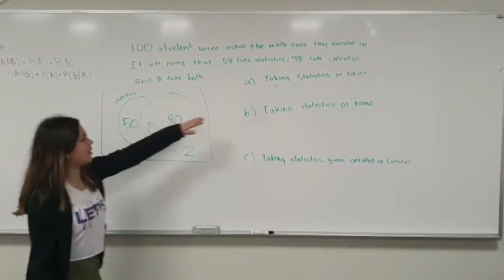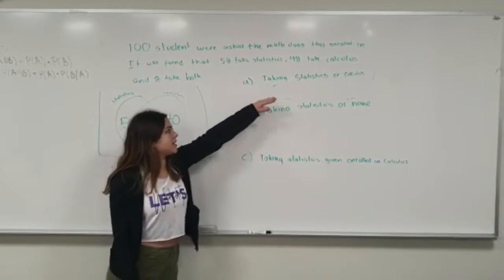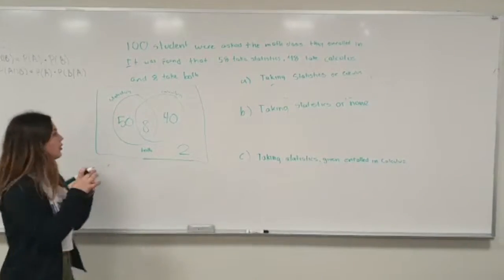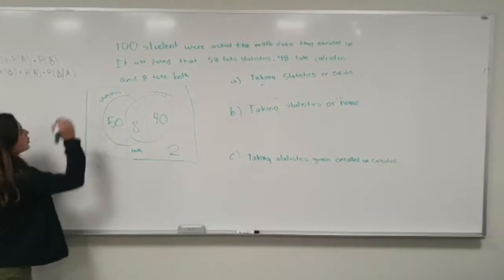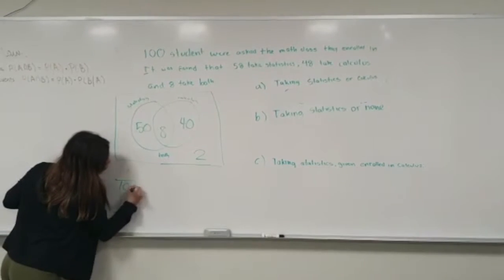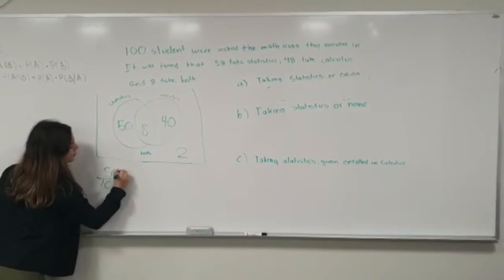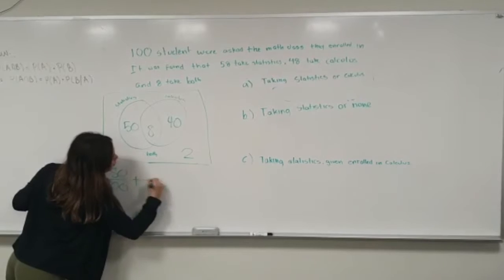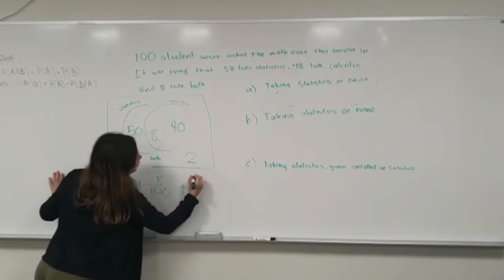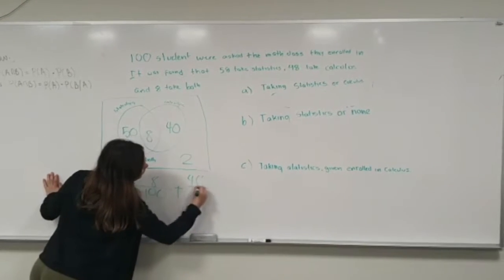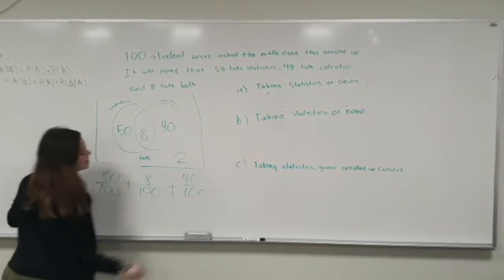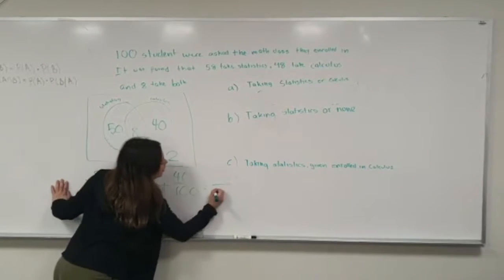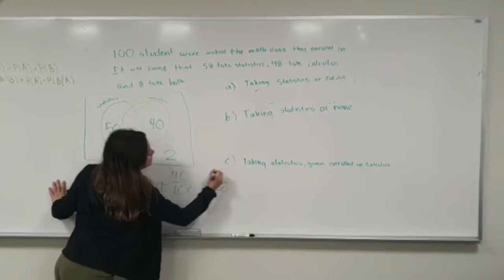After that, letter A is asking for taking statistics or calculus. So both of all those people who take it. We're going to put 50 plus 8 plus 40 over 100 on the bottom. This answer will give us 98 over 100.